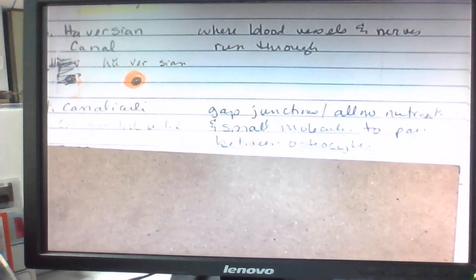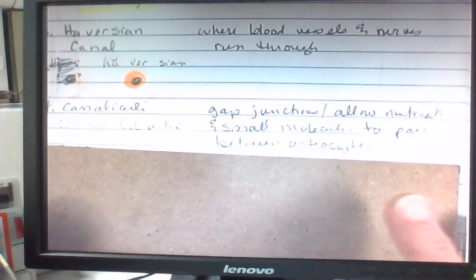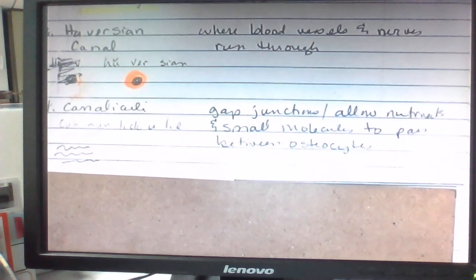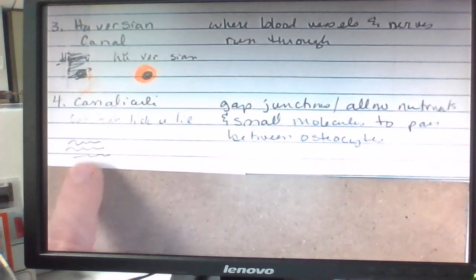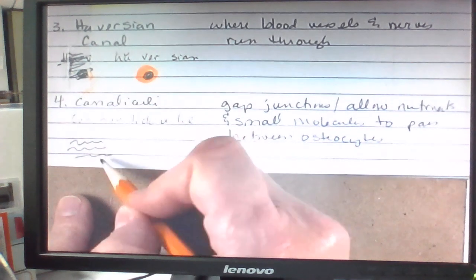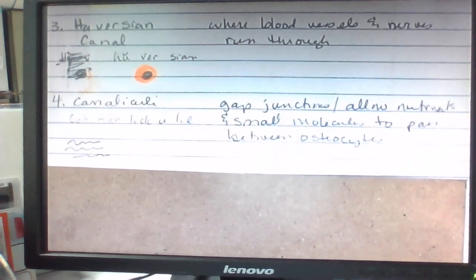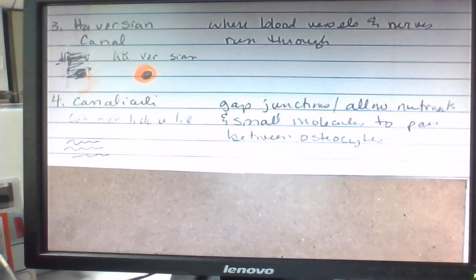So the canaliculi are really hard to see, so I had to help myself out a little bit by emphasizing, if you will. I drew some little squiggly lines on my diagram to help me see essentially where they would be. Now the canaliculi are on there.